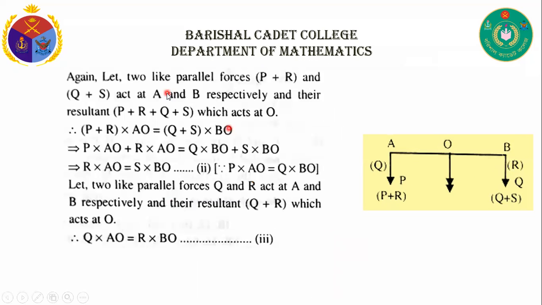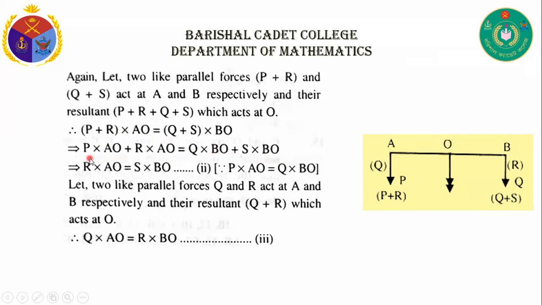And again, for the two like parallel forces, when we add R to P and S to Q, the resultant also passes through the point O. Then we can also write (P+R) × AO = (Q+S) × BO. Then we can write P × AO + R × AO = Q × BO + S × BO.